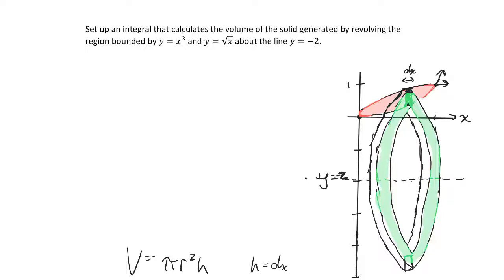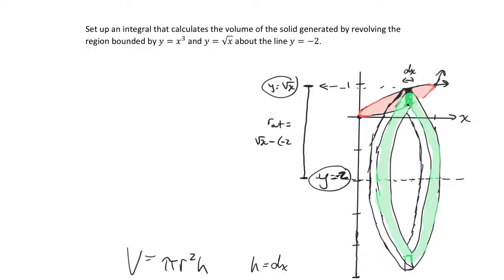The outer radius, remember we measure from the axis of revolution out to the top of that rectangle. The top of that rectangle is way up there at the square root of x. So there we start, we're up at y equals the square root of x. Down here, we're at y equals -2. So the outer radius is going to equal the square root of x minus -2, which is the square root of x plus 2.